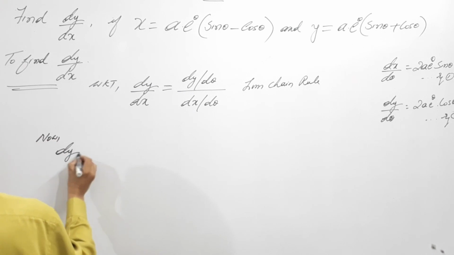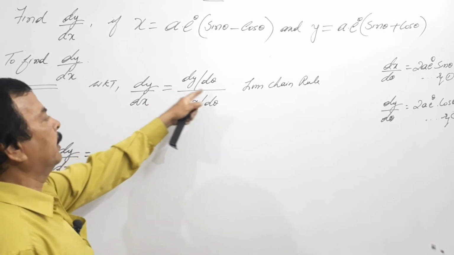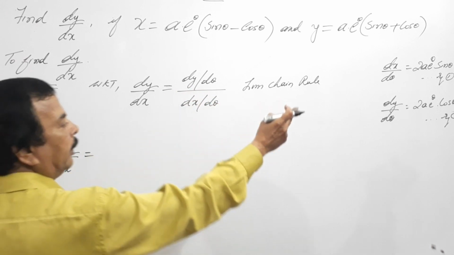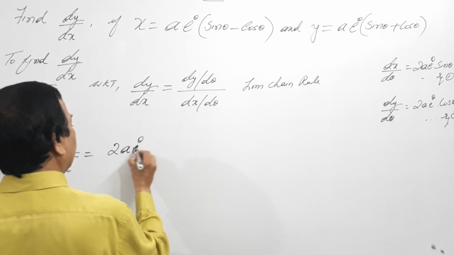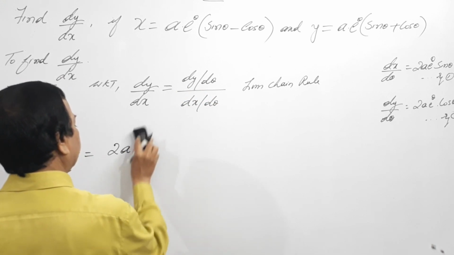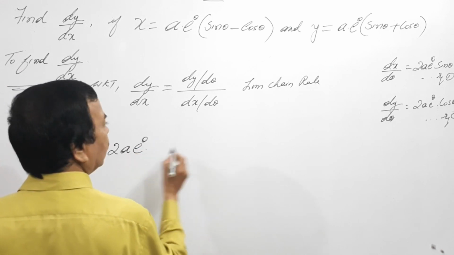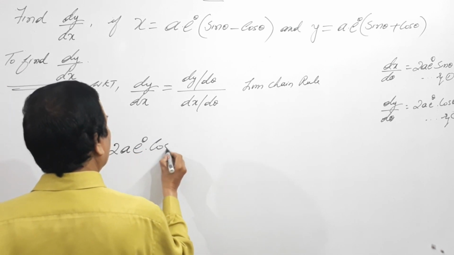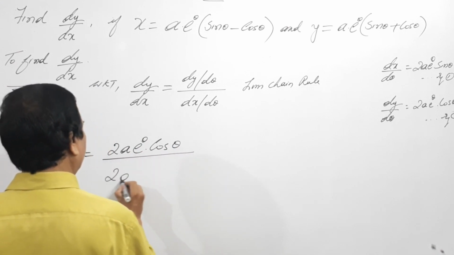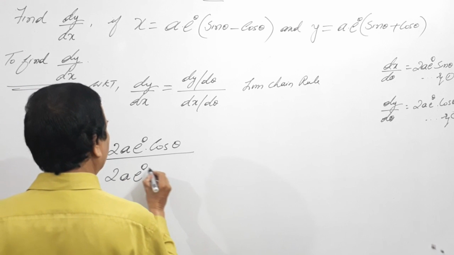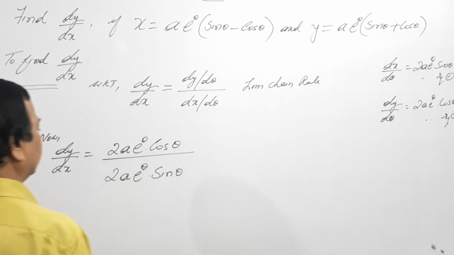Now dy by dx: what is dy by d theta? Dy by d theta is 2a e to the power of theta into cos theta, divided by 2a into e to the power of theta into sin theta.